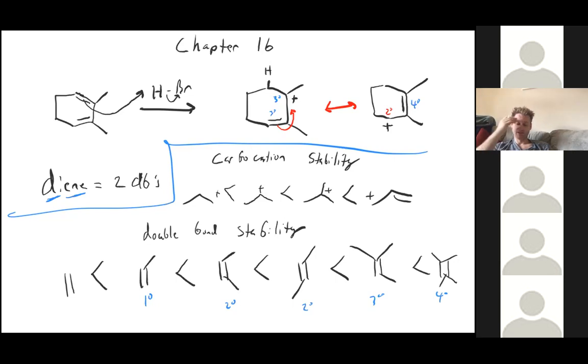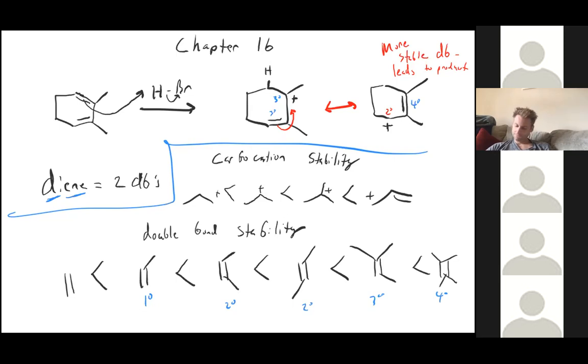And this is where we get into this concept that double bond stability is going to trump carbocation stability. So because this is more stable, it's going to lead to the product. They don't really care this is a less stable carbocation because it's a more stable double bond here.